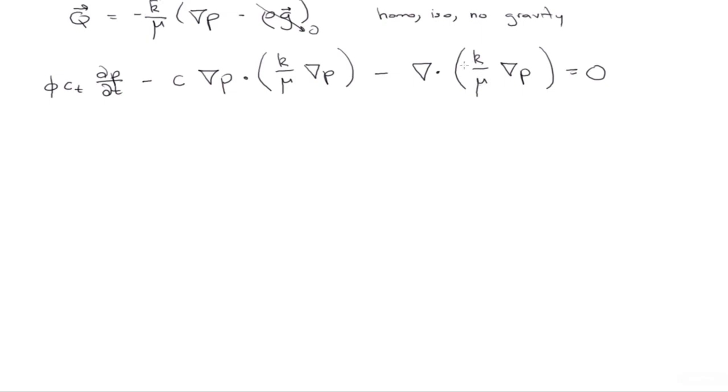Okay, so what I was saying is because we're homogeneous and isotropic, there's no spatial variation in K and mu, and I can move them outside this divergence operator.